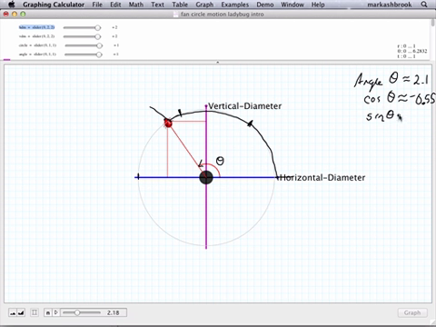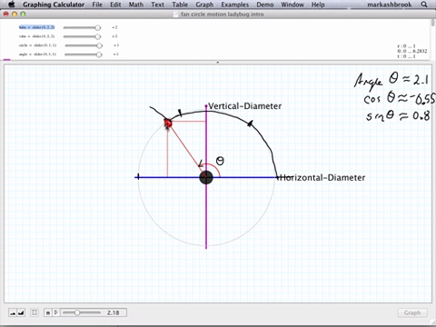Okay, what about the sine? How is that represented in this diagram? Positive 0.8, he wants to estimate it at positive 0.8. And how is it represented in the picture? As the y-coordinate, the distance from the horizontal diameter.